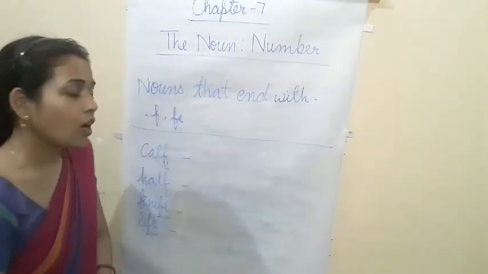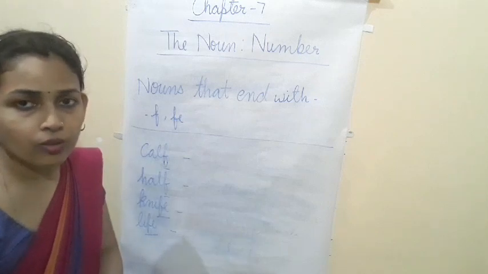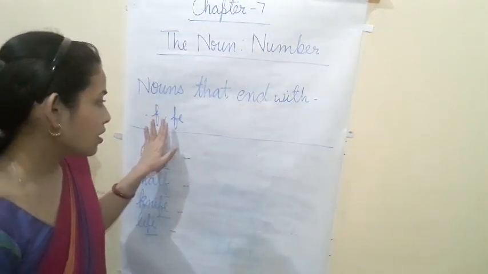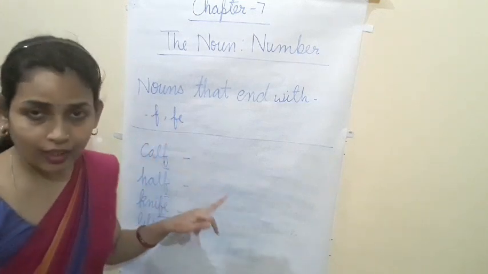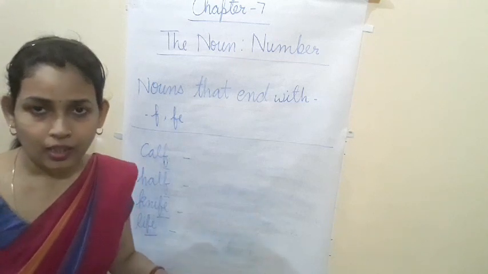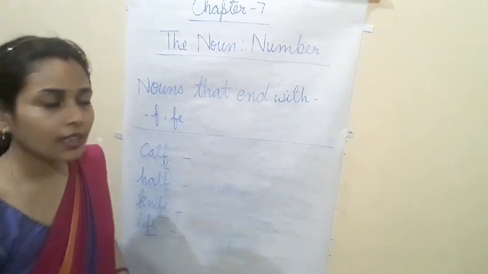So how will we make the plural nouns of the words we are going to study today? If we get f or fe as the last letters, what do we do? We drop f or fe, and what do we add? Ves.